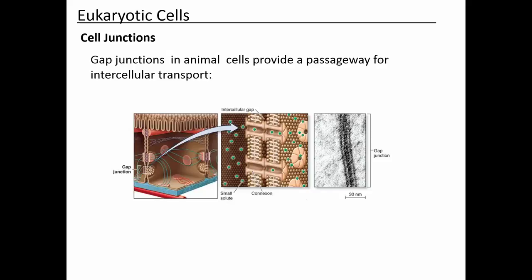You don't have to remember this part, but six connexin proteins are going to form what's called a connexon. And the connexon has a channel that's shown here. Then the connexon of one cell will line up with the connexon of an adjacent cell, and that forms a little passageway so that things can move between the two cells.